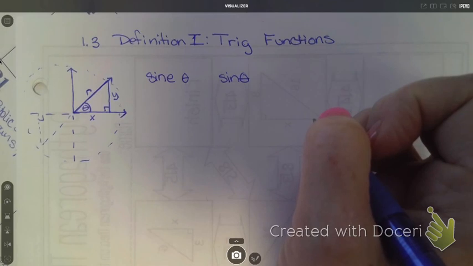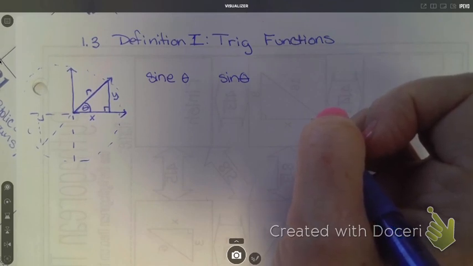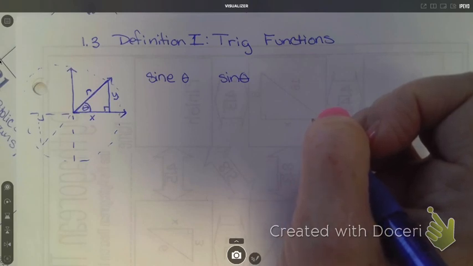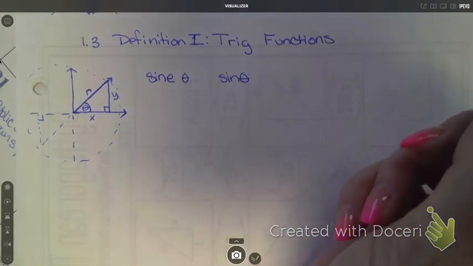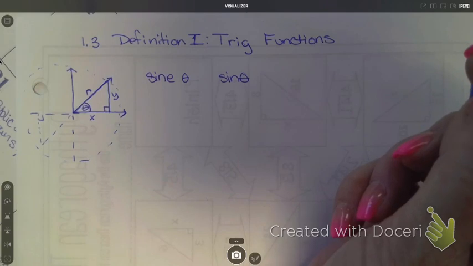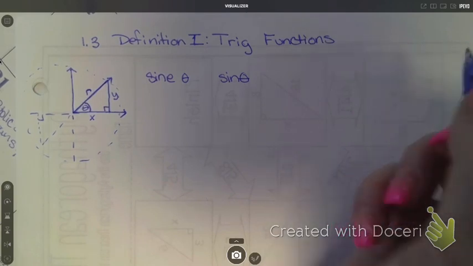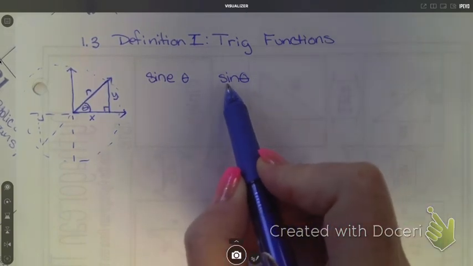Got it? Every time you say tan instead of tangent, I'm going to do the same thing. You say the whole word. Or I guess I could just make you write the whole word. Not bad for sine, but when we get to cotangent and cosecant, you don't want to write the whole word, do you? Nope.